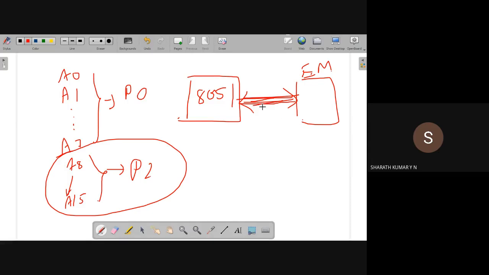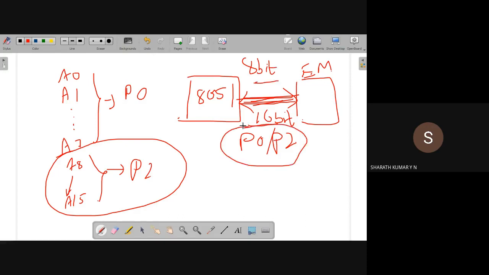These parallel wires carry the 16-bit address using port 0 and port 2. They also carry 8 bits of data. For 8 bits of data we don't require 2 ports. Only 1 port is sufficient. Thereby the microcontroller makes use of port 0 for 8-bit data.